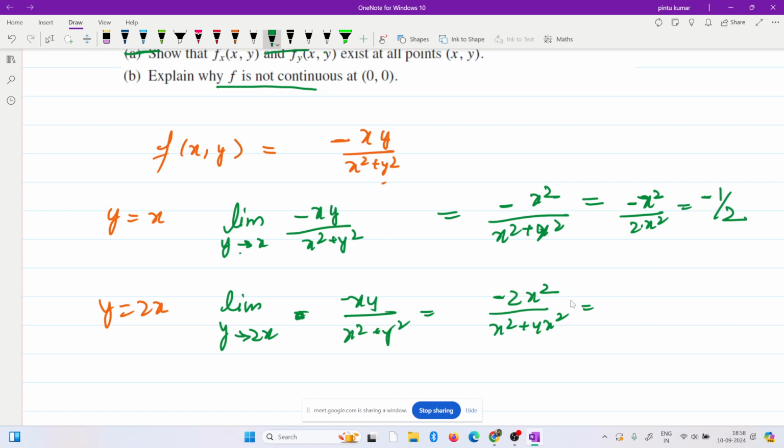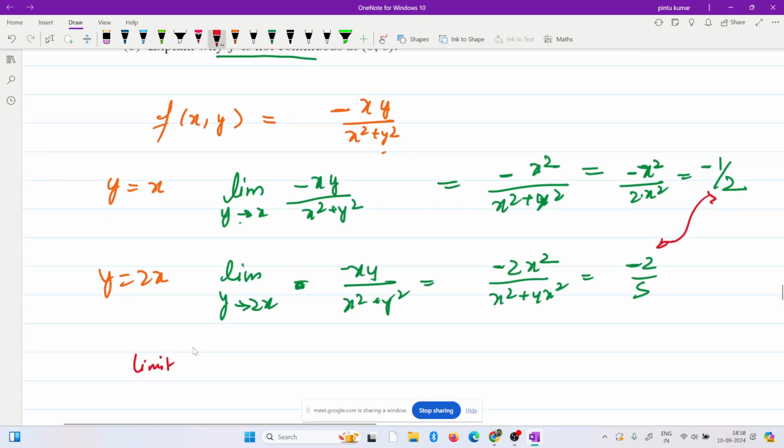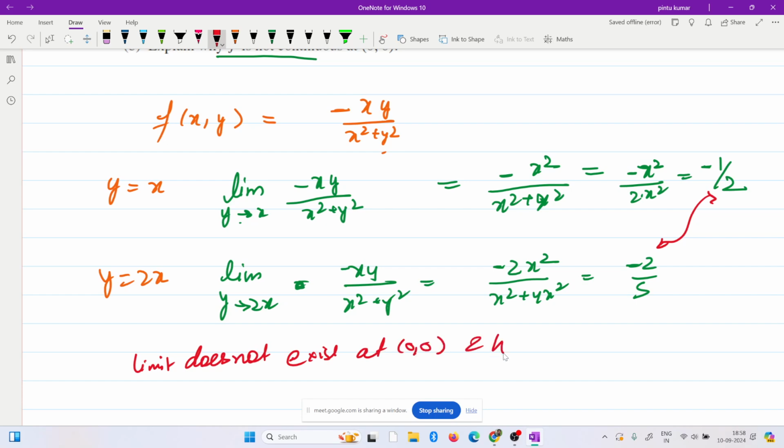Now if you take x squared common, this would be minus 2 by 5. You see that if we approach the same point (0, 0) on this function via different paths, we are getting different limits. This means the limit does not exist at (0, 0), and hence f is not continuous at (0, 0).